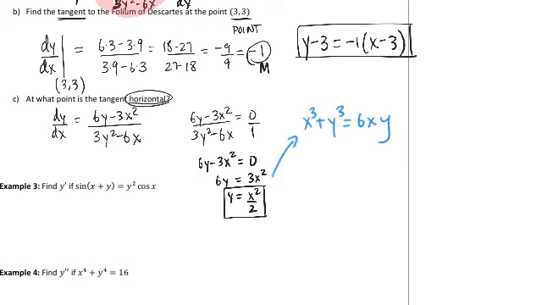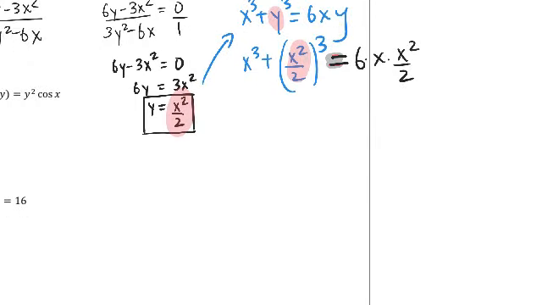So I get x cubed plus (x squared over 2) cubed, because I've taken this y and put in x squared over 2. Then do that again here, so I get 6x times x squared over 2.